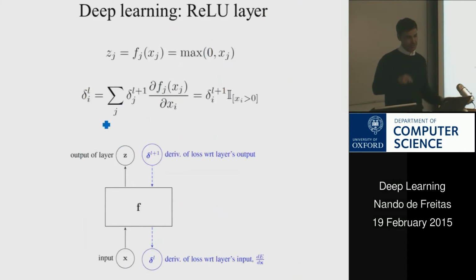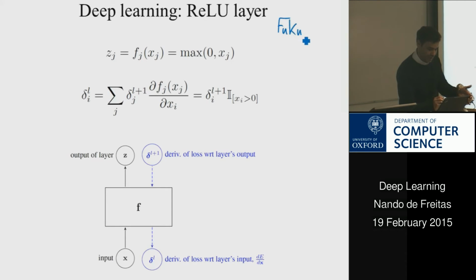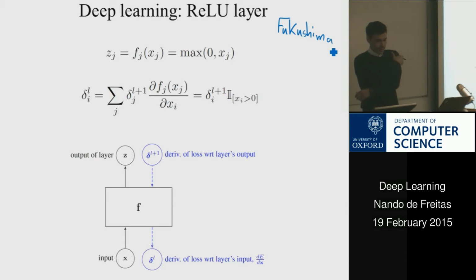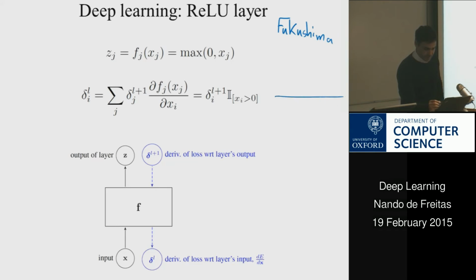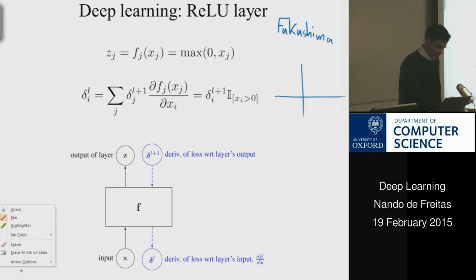Here's another layer, just to introduce yet more layers. The ReLU layer is something whose earliest reference I know is by Professor Fukushima, and he came up with this in the late 70s. No one used it, and all of a sudden nowadays it became extremely popular.